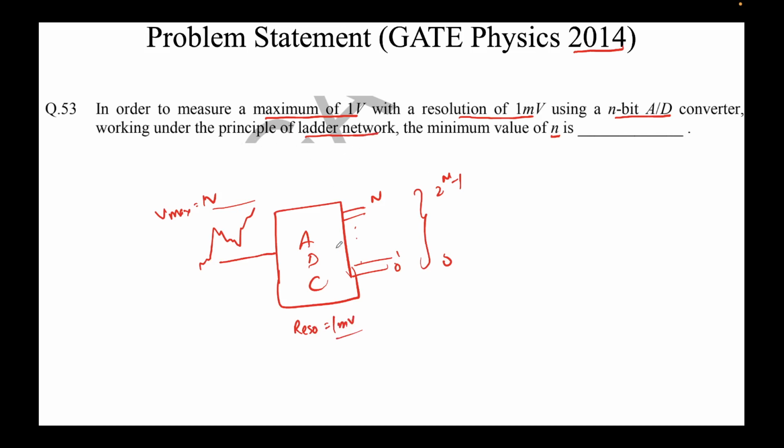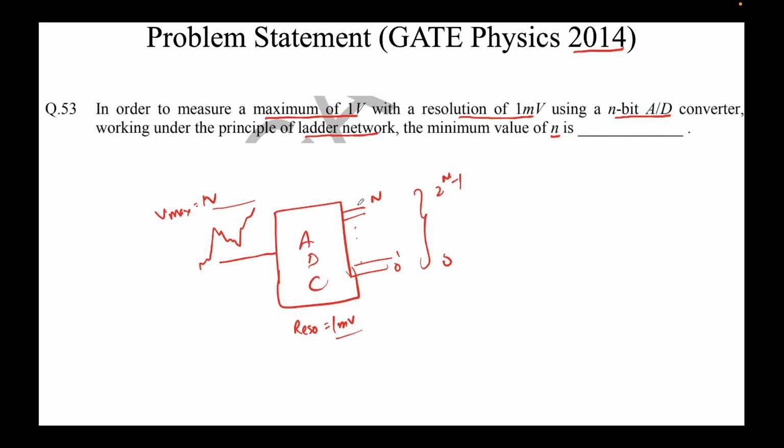We'll see in a minute how to implement this ADC. There are different architectures: there is ladder network, there's dual slope, and various others. What we'll see is the ladder network, which is fairly simple to understand and visualize. We'll see that in the next slide, and we need to find the value of n.